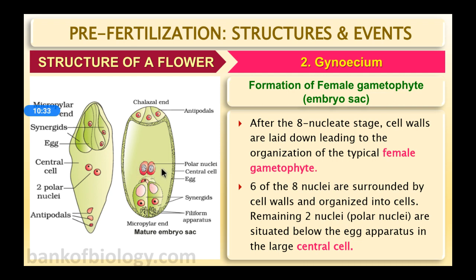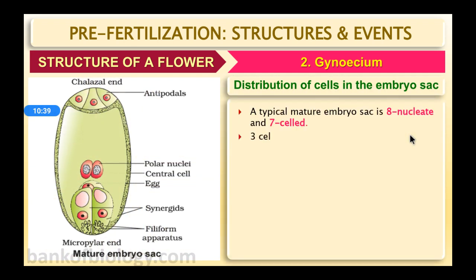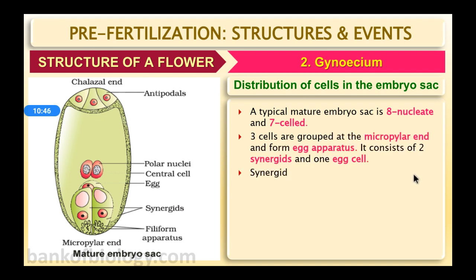So a mature embryo sac is 8 nucleate and 7 celled. I hope it is clear how.